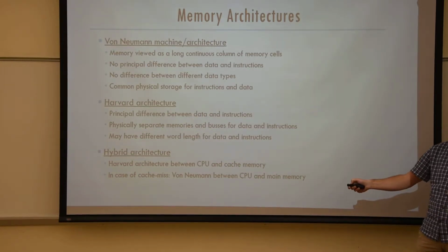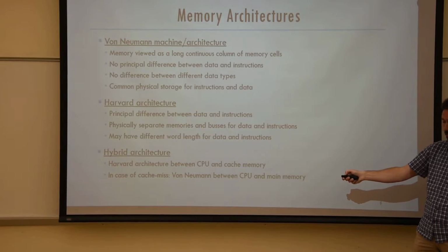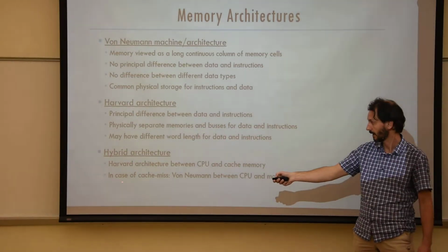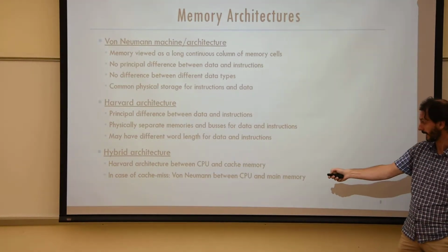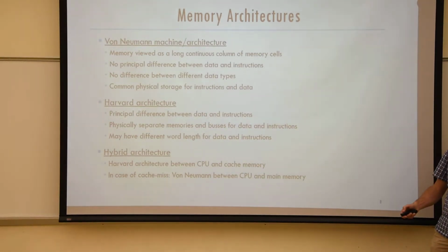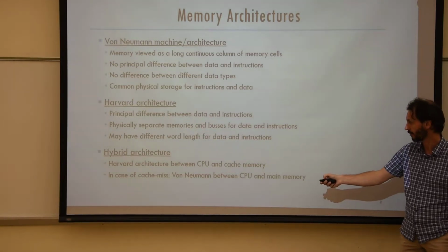And what current processors are doing is a hybrid architecture. The Harvard architecture, you have a picture in the next slide, is used between the CPU and the cache memory. I will explain in a moment. And in case that what you want to find is not in the cache, then you have a cache miss, then you need to go outside of the CPU, you need to go to DRAM, and that's where you will have a von Neumann architecture.